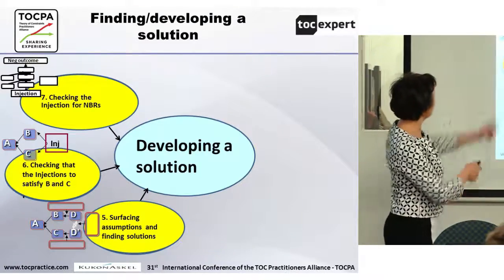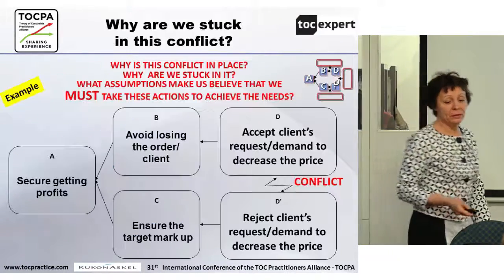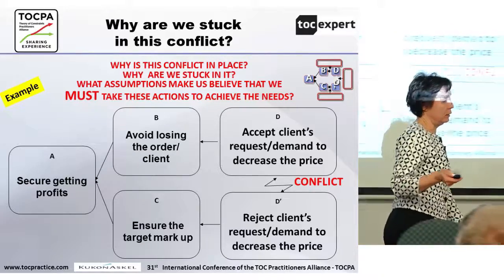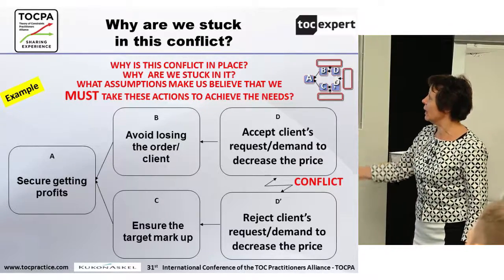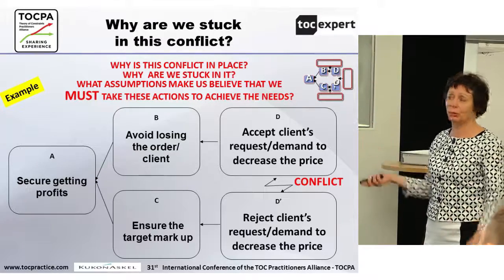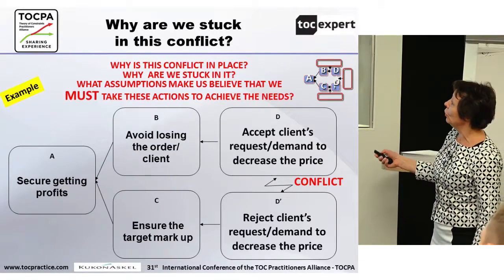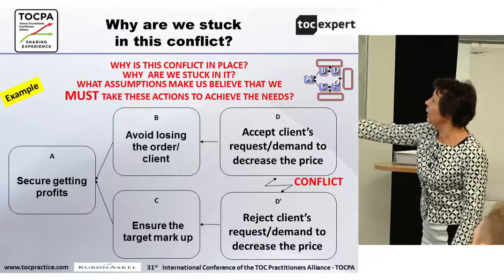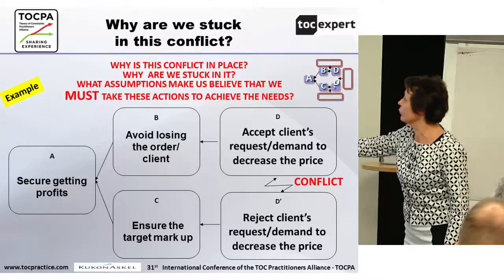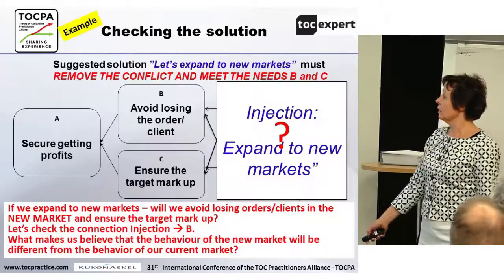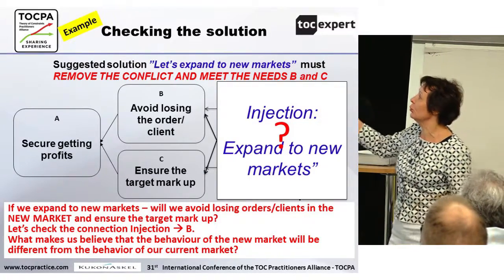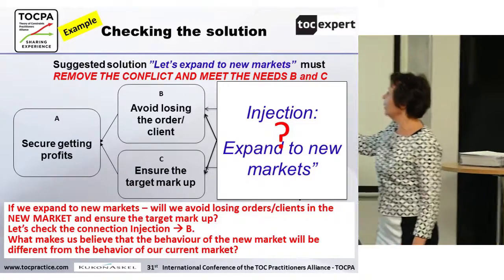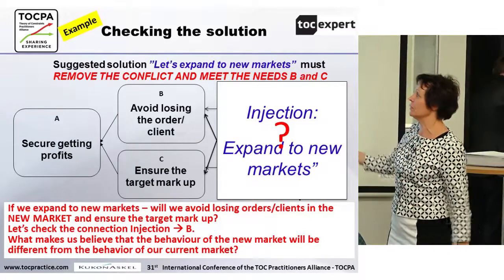Okay, and this is layer 4. So, generally, why is this conflict in place, why are we stuck on it? The material that you will get will show you the assumptions because of which this conflict exists. In order to remove the conflict, we need to work with those assumptions.